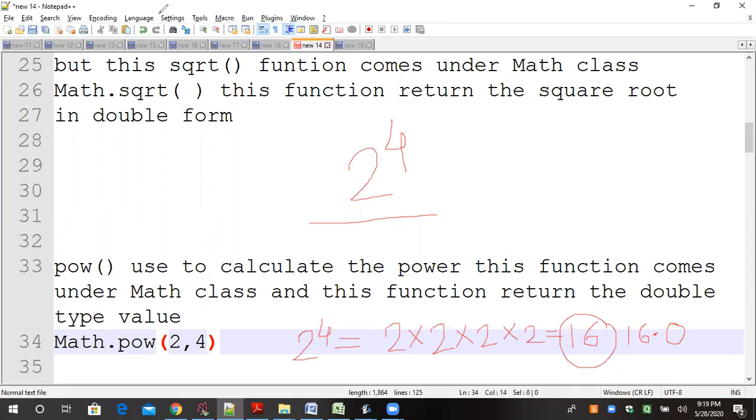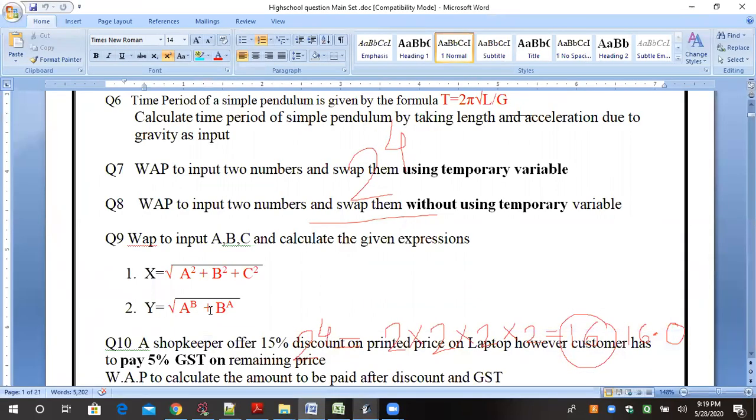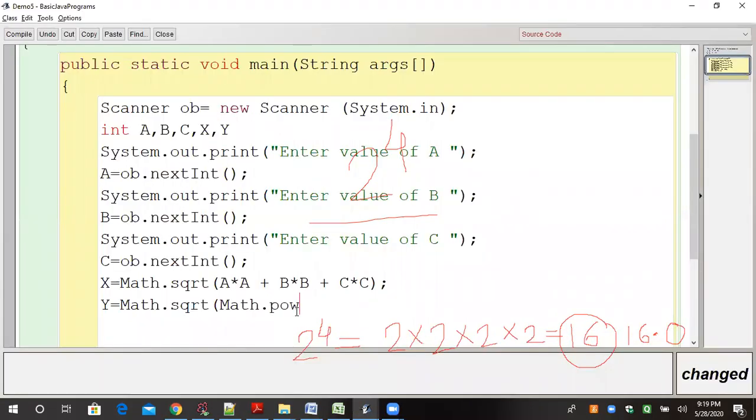Okay. Now coming back. Actually, the formula is a to the power b plus b to the power a inside math.sqrt. Inside sqrt. So accordingly, we have to write math.pow a comma b plus math.pow b comma a.